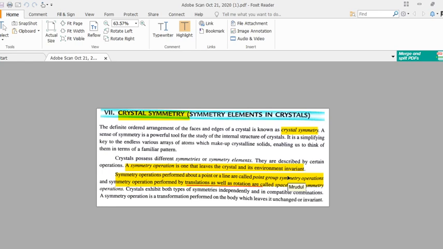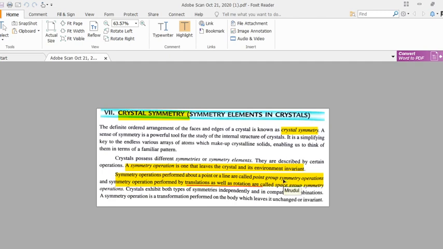As an example, you have a dice which you use in your normal games like snakes and ladders. Let us assume that dice is without numbers, and if you rotate the dice by 90 degrees, you cannot find whether the die has been rotated by 90 degrees or not.